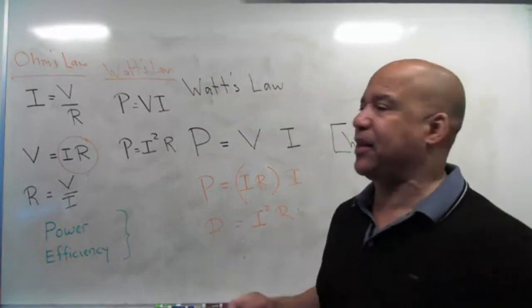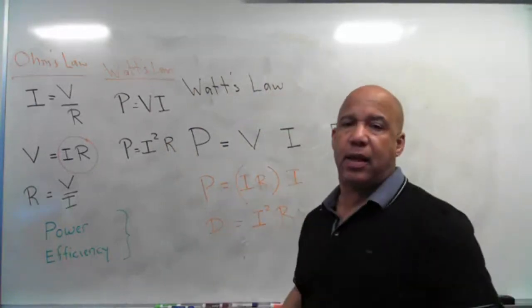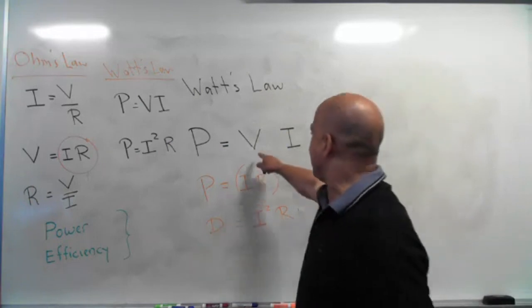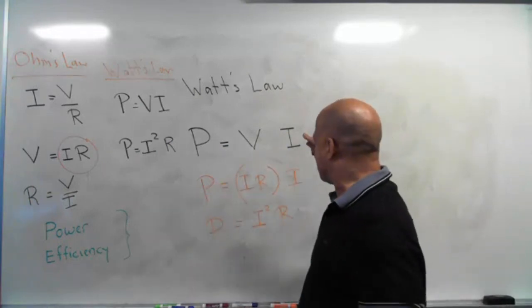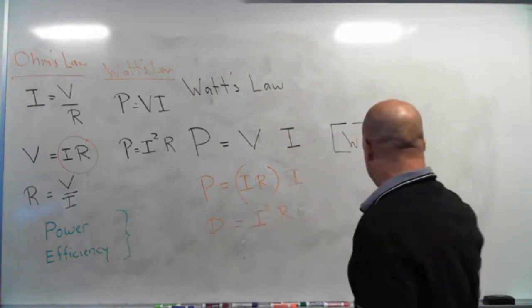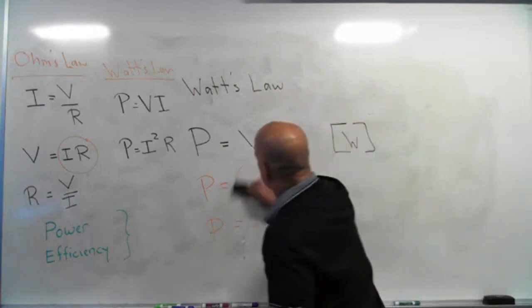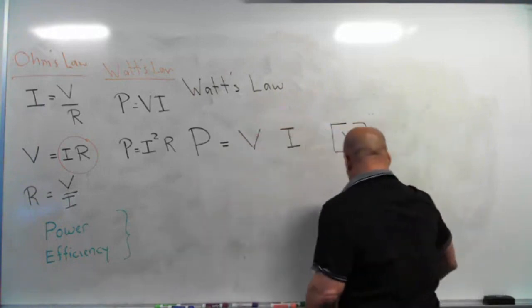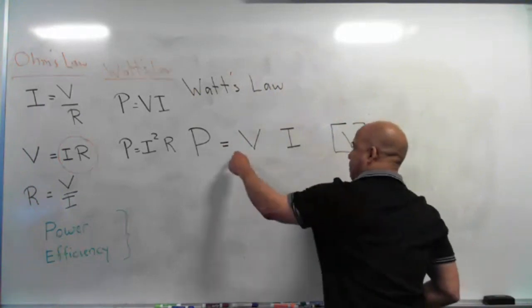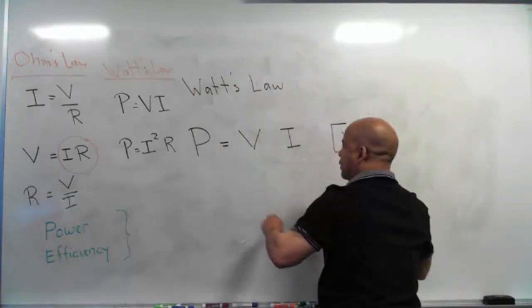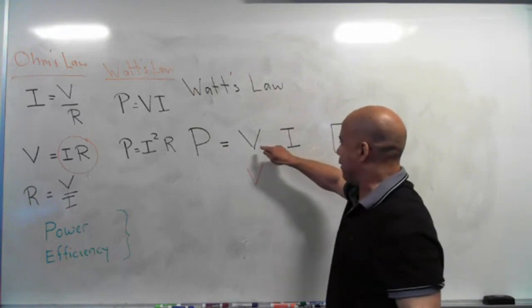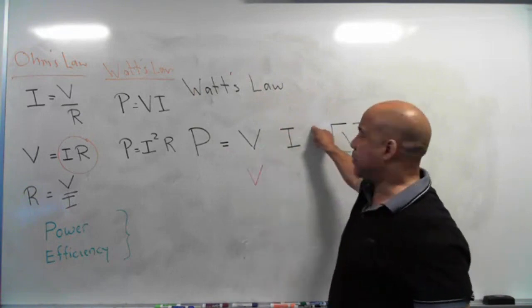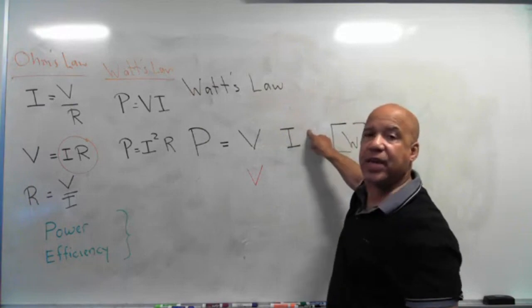And then finally, you might think to yourself, well, I don't want to do that. I don't want to substitute for V. Same thing, what I want to do is substitute for I. What would that look like if I substitute for I? What would that give me? Well, if I substitute for I, I got P equals V times I. So I got V times I. I'm going to multiply that V not by I. I'm going to multiply by what I is equal to.